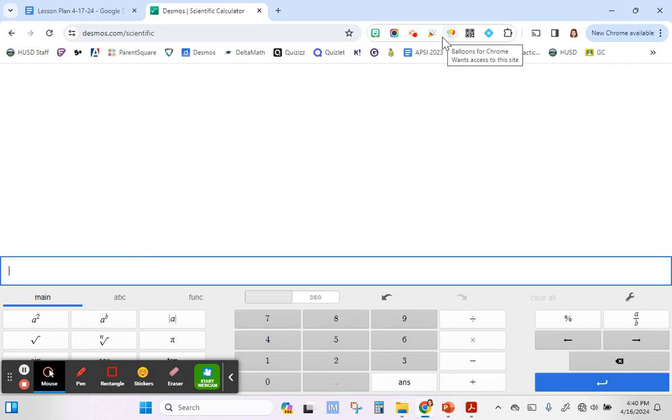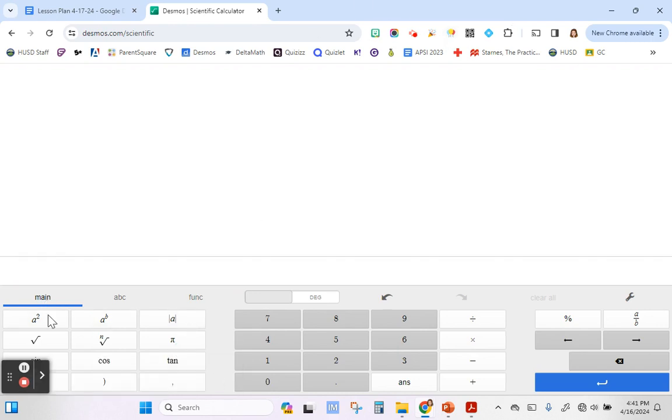I'm going to pop over to Desmos here. So here's Desmos. I'm using the scientific calculator. And so I'm going to type in those numbers. I had 4/3, which, remember, you can do 4 divided by 3, or you can use the fraction button over here on the right.